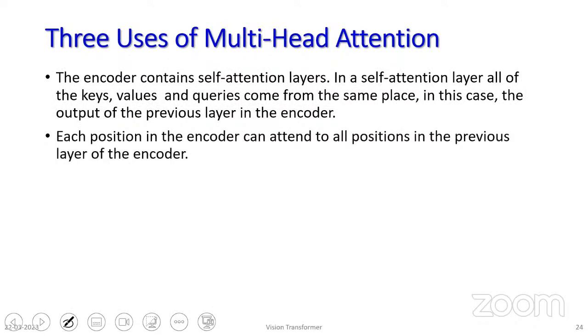The encoder contains self-attention layers. In a self-attention layer, all of the keys, values and queries come from the same place, in this case the output of the previous layer in the encoder. Remember that in the encoder layer we are using self-attention. So what do they do in the encoder layer?